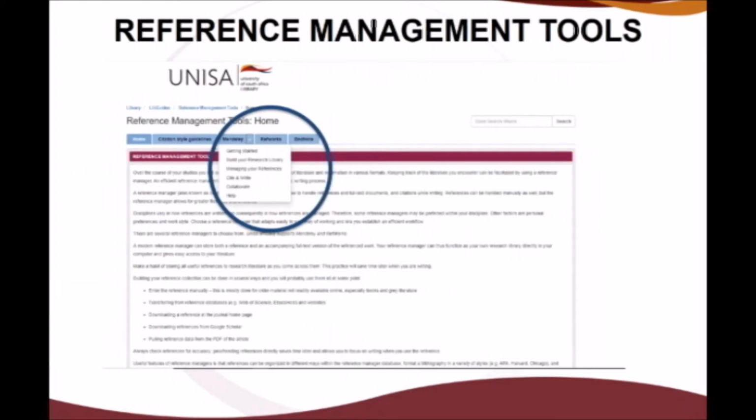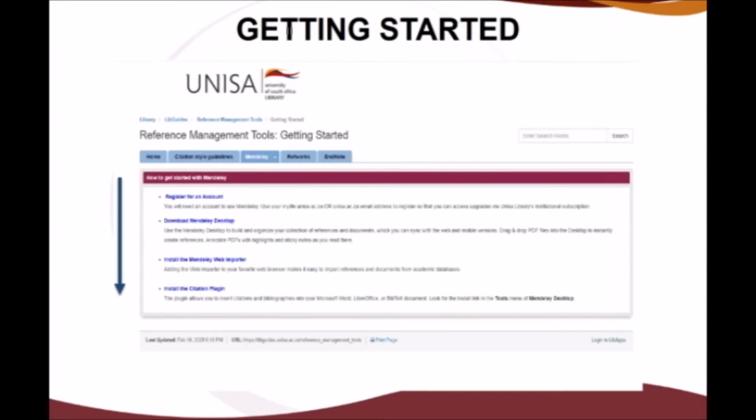Mendeley requires you to do four things. Under getting started, Mendeley wants you to register an account. And this account should be registered by all students using only your MyLife email account. It's not going to take your Gmail account.